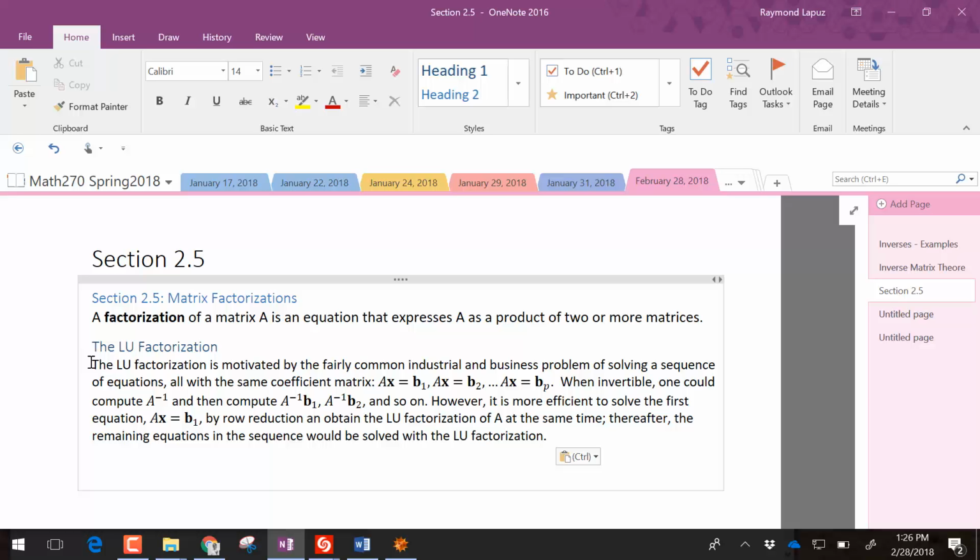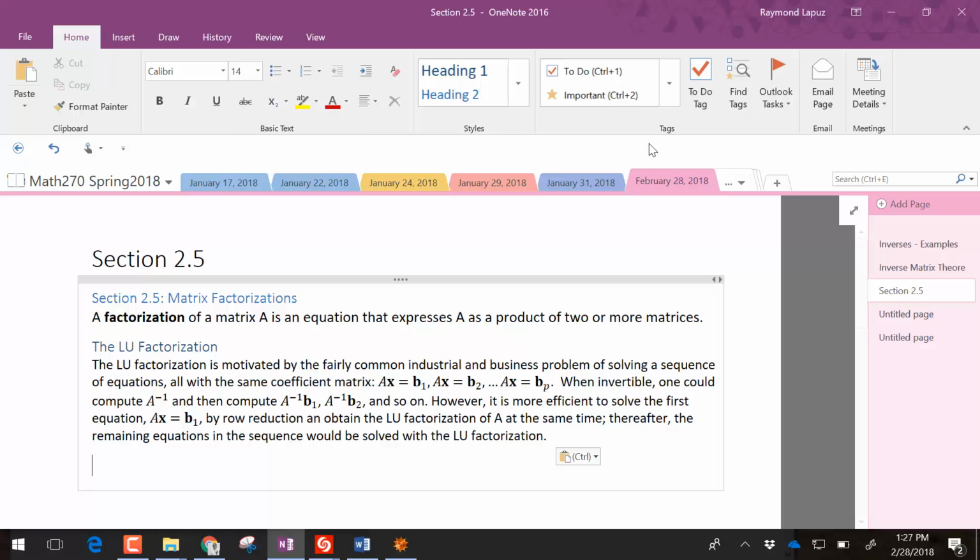So what we want to do is solve for these different X values. Now, if we know the inverse, then it's going to be easy to deal with. But a lot of times, figuring inverses out isn't so easy, right? We can vouch for that. So in some cases, it might be better to do a factorization where instead of A times X, you have LU, the L matrix and the U matrix, times X equal to B, and then deal with it that way.